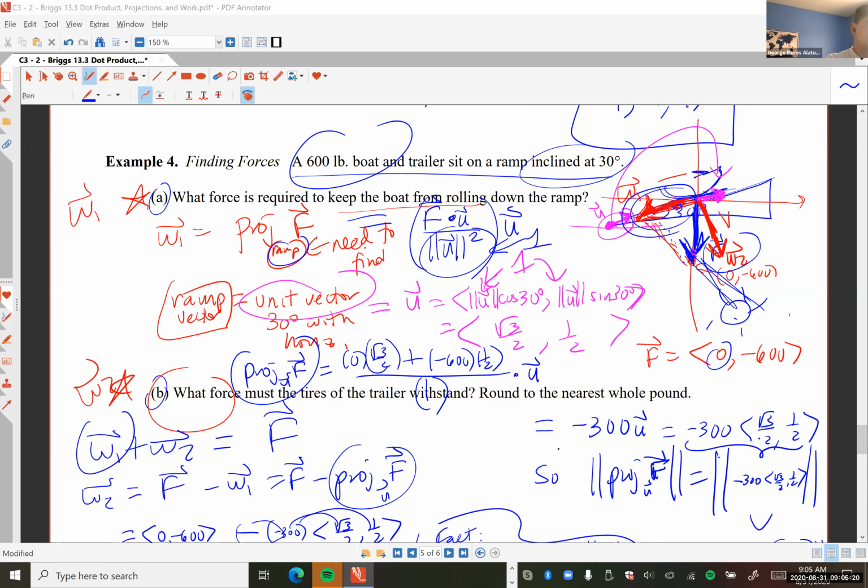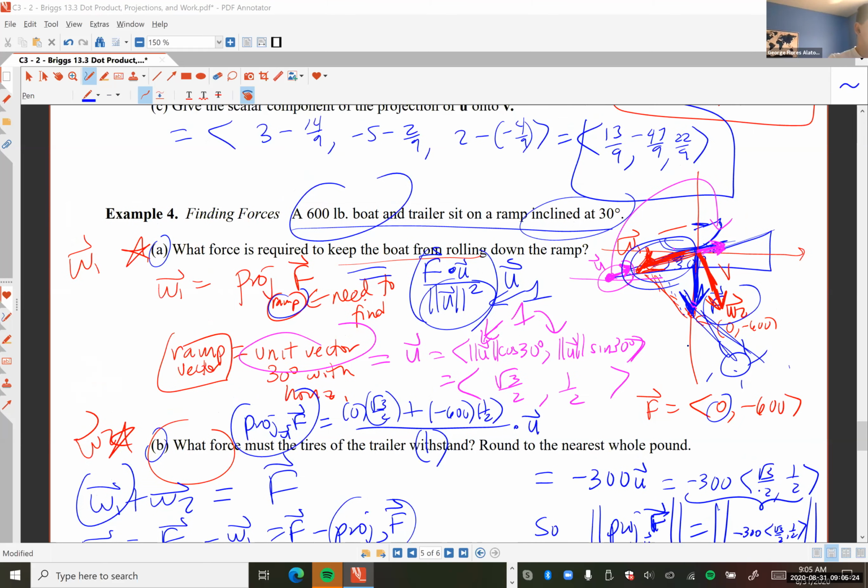I just have a question about the setup. Sure. So what if you wanted to have the coordinate axis tilted to the slope of the ramp? So let's say you wanted to have the y perpendicular to the ramp. Would that make the problem easier?